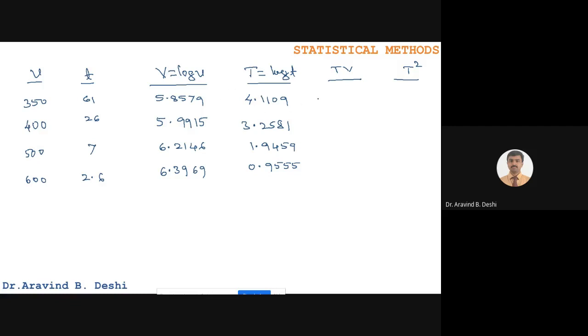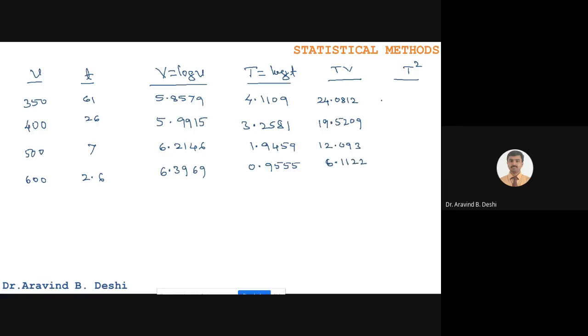Then the multiplication of V and T, that is TV: 24.0812, 19.5209, 12.093, and 6.1122.